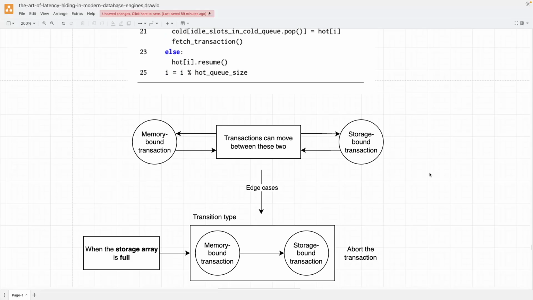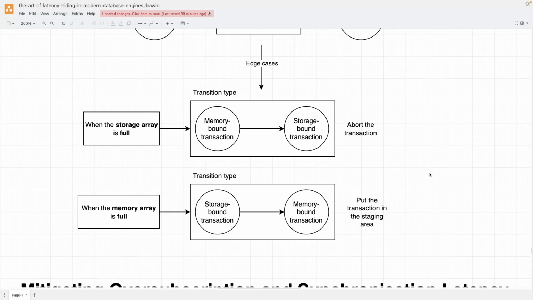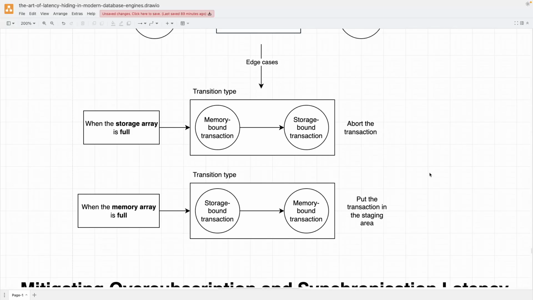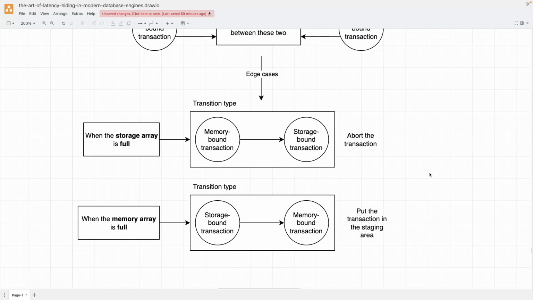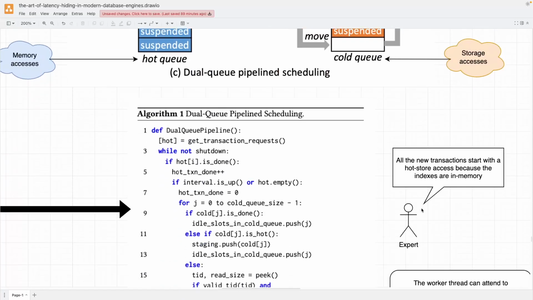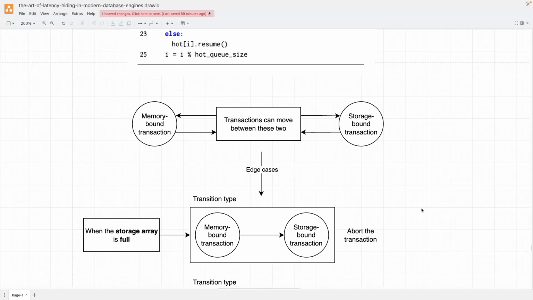With this final approach that we saw of switching between transactions and switching between different queues and putting the transaction in the right queue, one thing that you need to keep in mind, and this is an important trade-off that the authors mention in the paper, is that when a transaction is switching from one type to the other, and when the system is under load, by which I mean that the queues are full, these two queues, the hot queue and the cold queue, then you have to make certain tough decisions.